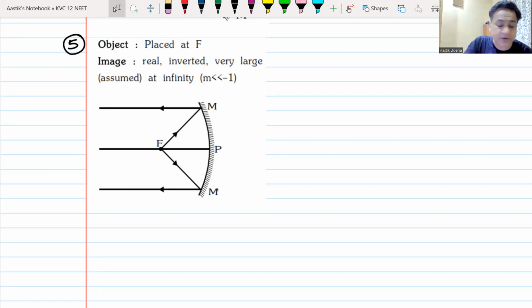So if you remember case number 1, my dear friends, you must be able to recollect case number 5. If you remember case number 2, you should be able to recollect case number 4. Do we understand this? 2 and 4 are similar. Yes, sir.